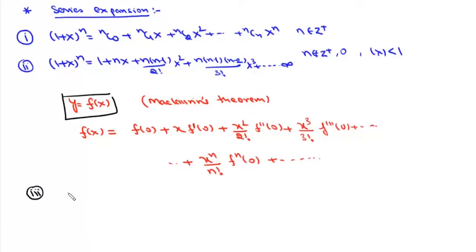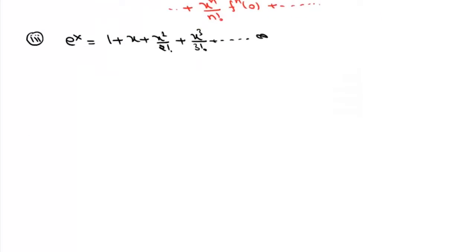This third one is the expansion of e to the power x, and the expansion of e to the power x is 1 plus x plus x square upon factorial 2, x cube upon factorial 3, and it will continue up to infinity. Fourth one is the expansion of a to the power x.